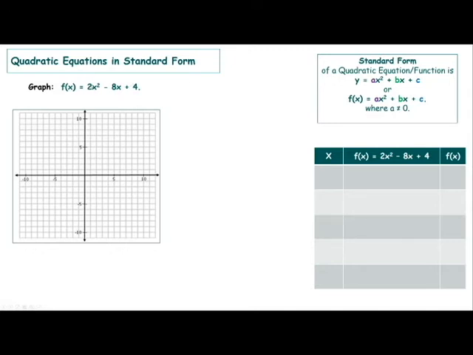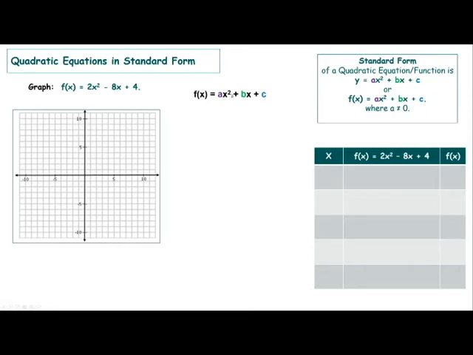If you were in my class and you did the vertex form of functions, you also did some quadratic functions that were in vertex form. This is not in vertex form, so we can't rely on our a, h, and k. Instead, what we've got to do is memorize one more pattern. And that's this.